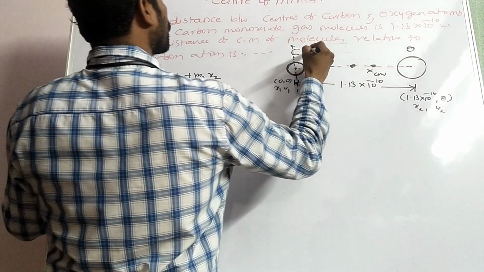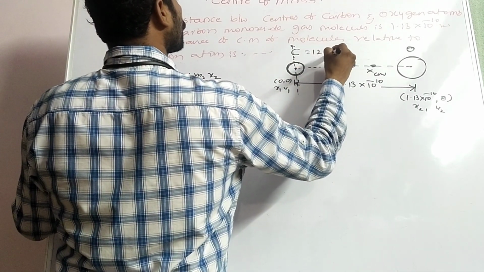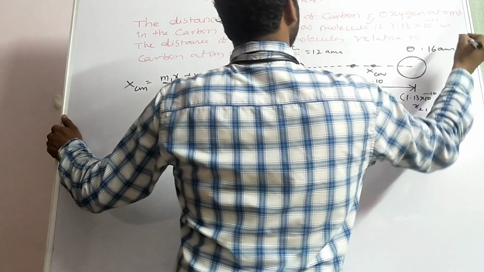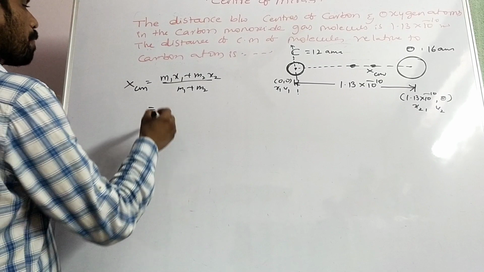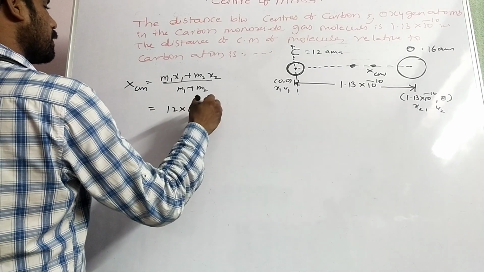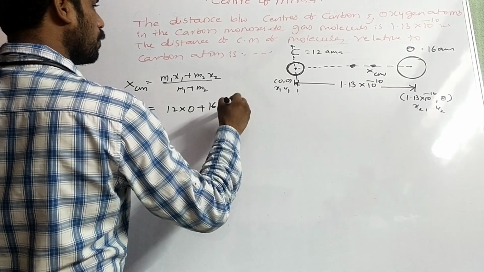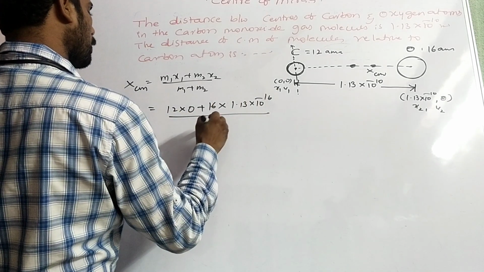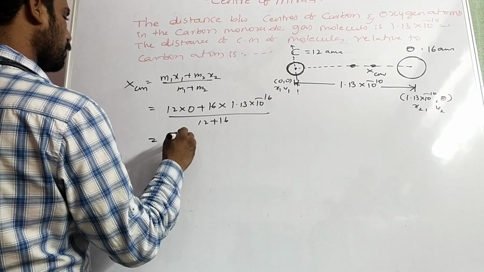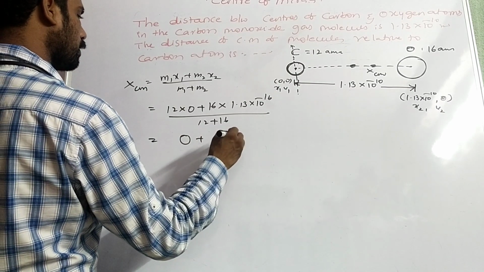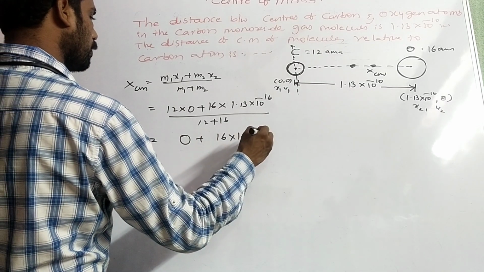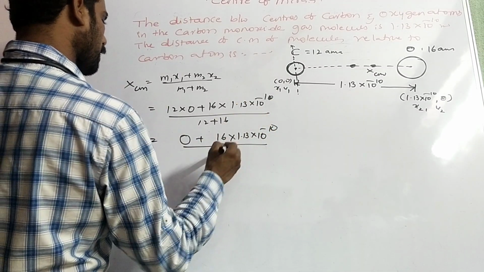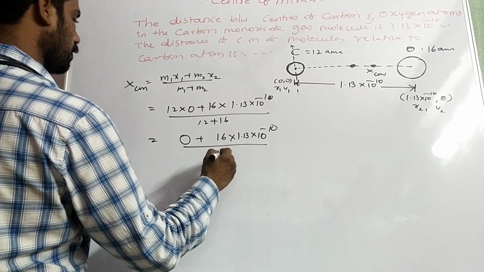Of course, carbon is 12 atomic mass units, oxygen is 16 AMU. So 12 into 0 plus 16 into x2, 1.13 into 10 to the power of minus 10, by 12 plus 16. That is equal to 16 into 1.13 into 10 power minus 10 by 28.